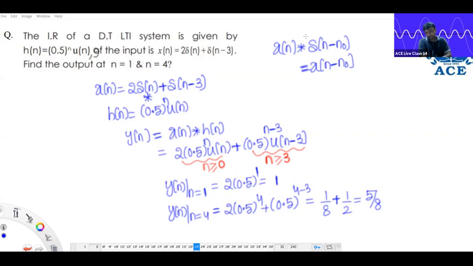As one of the signals is an impulse, blindly apply the convolution property of impulse.